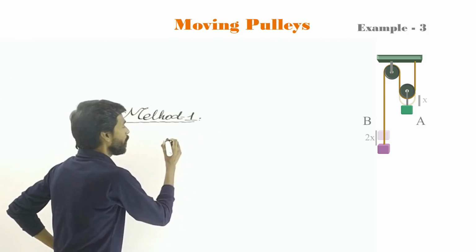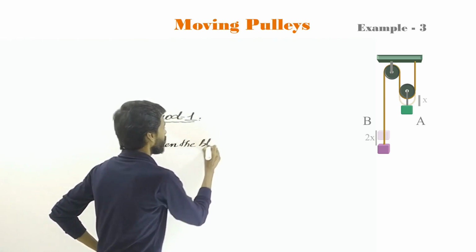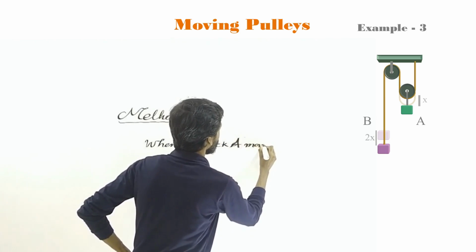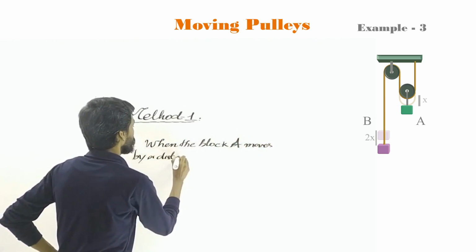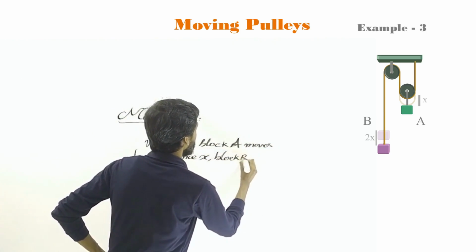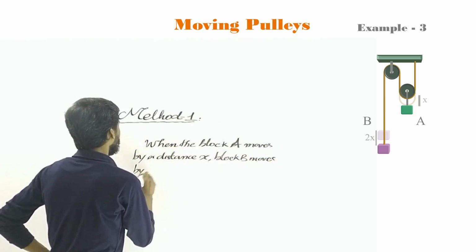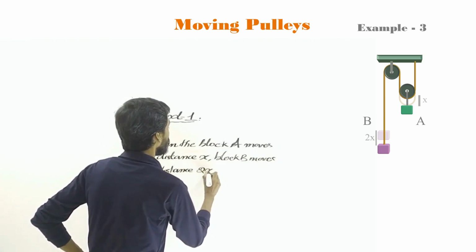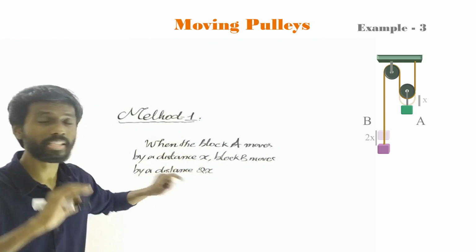So when the block A moves by a distance x, then block B moves by a distance 2x. This is simple observation, right? We just observe this. When A moves by distance x, this moves by distance twice of that.